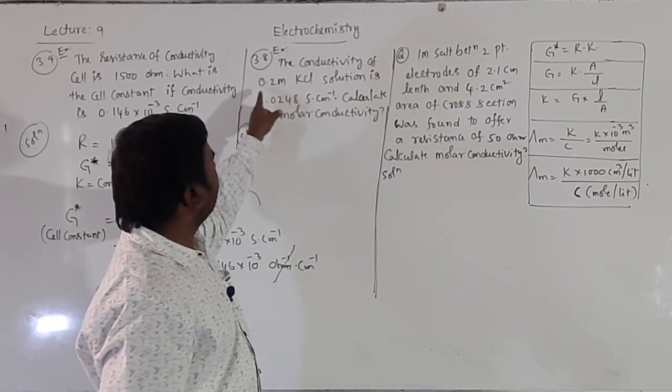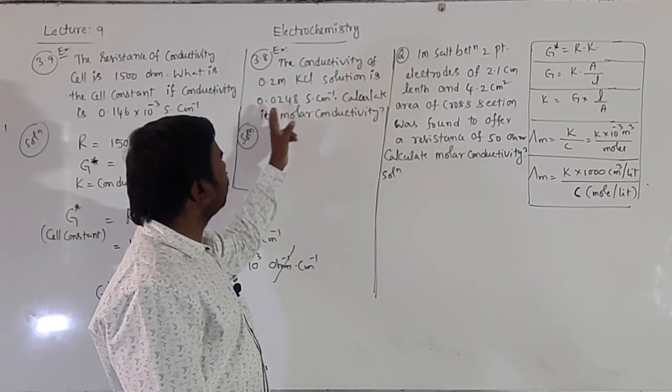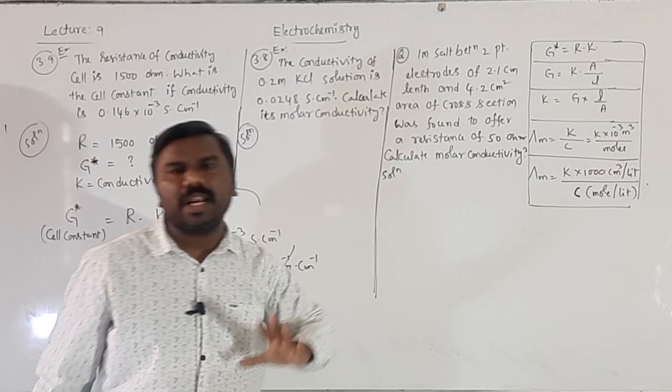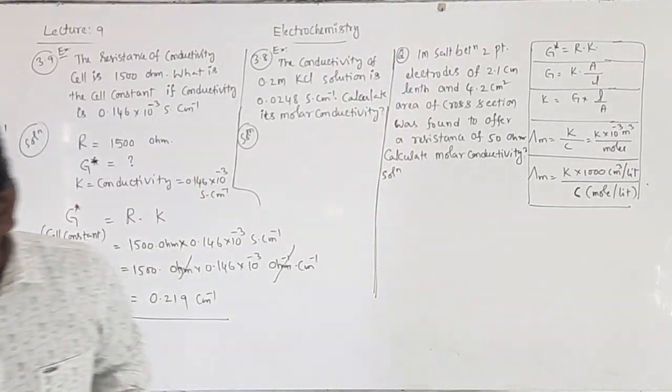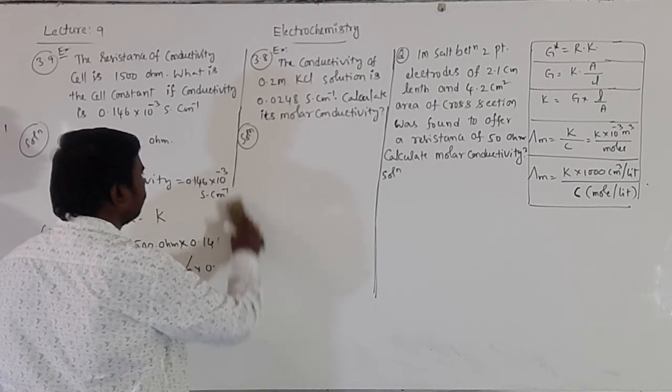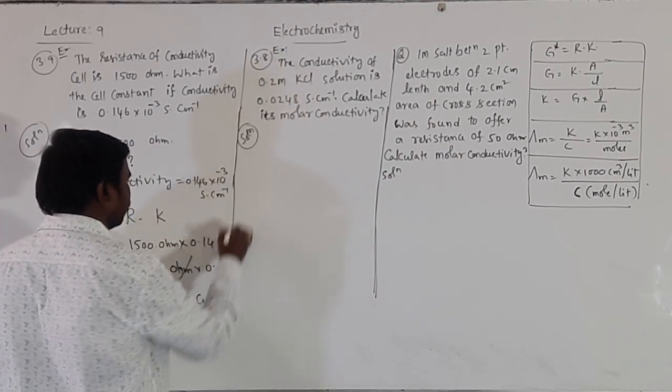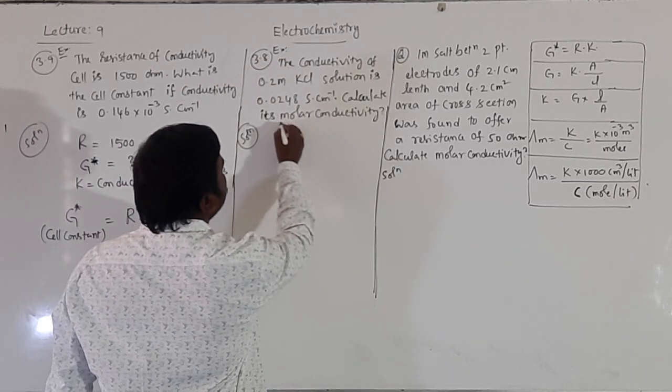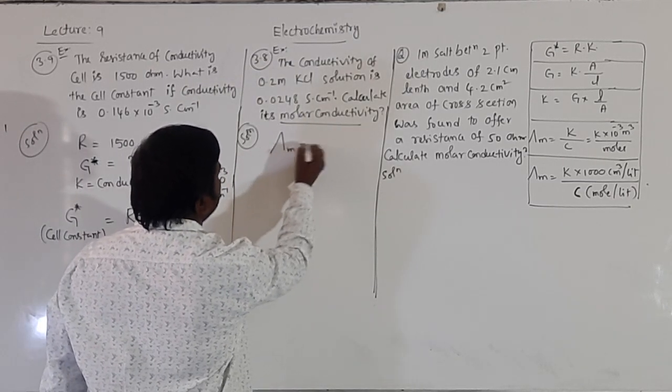The conductivity of 0.2 molar KCl solution is given already. Calculate the molar conductance. Now, I am erasing this and writing here. We need the molar conductivity, lambda m.